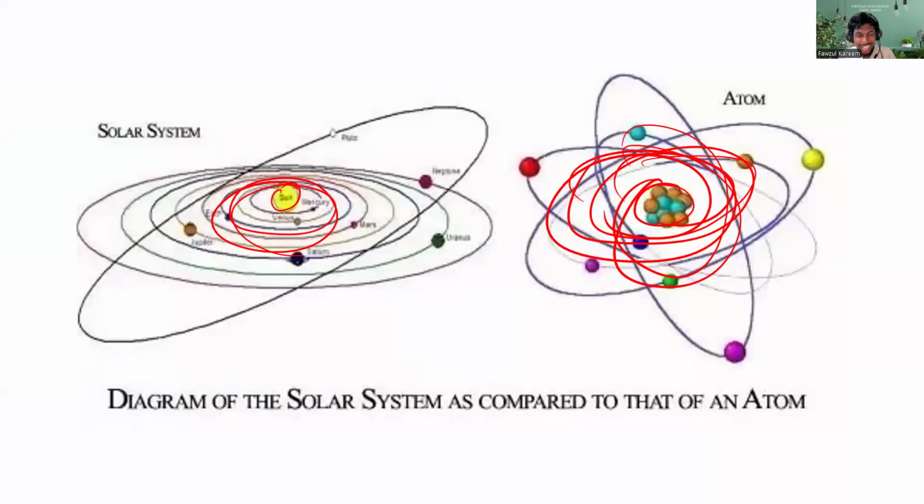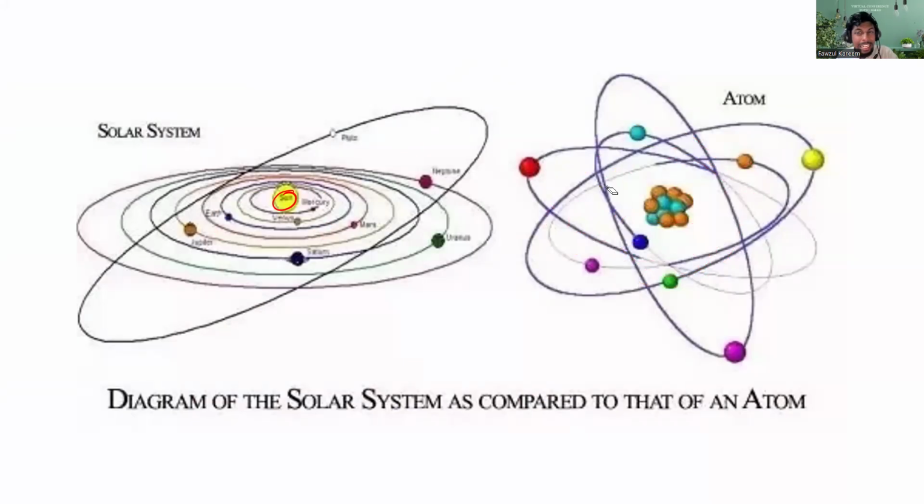We have the sun at the center, and the planets revolve around the sun. Same like that, here we have the nucleus at the center and the electrons rotating around the nucleus. They compare this atom model with the solar system, right?